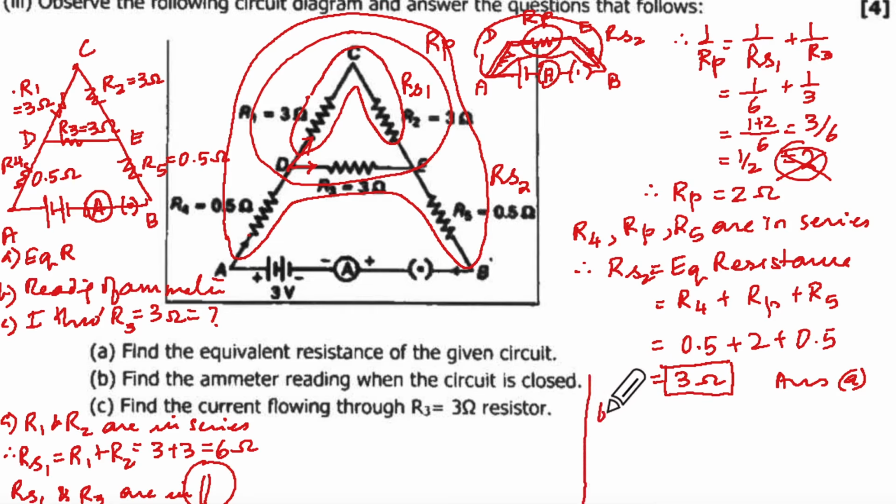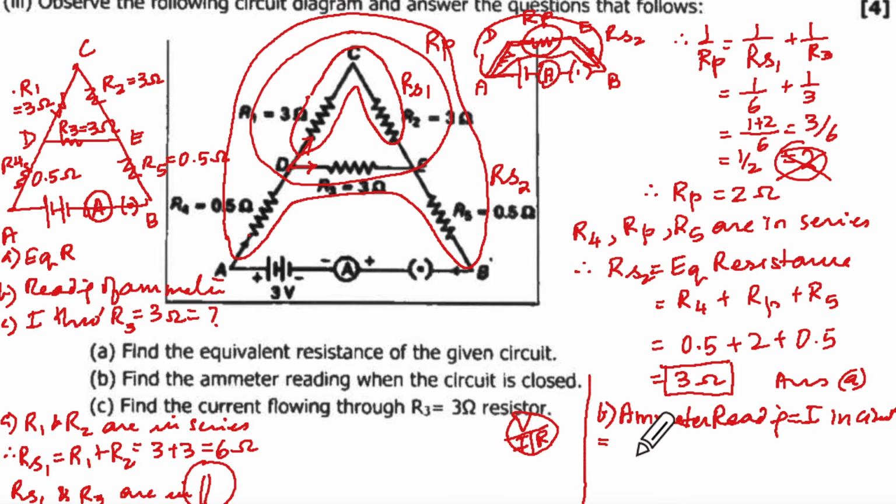Now find the ammeter reading. So for B part, ammeter reading means the current in the circuit. Ammeter reading is equal to I in circuit, which will be equal to, in the margin, if you get confused, write V is equal to IR.